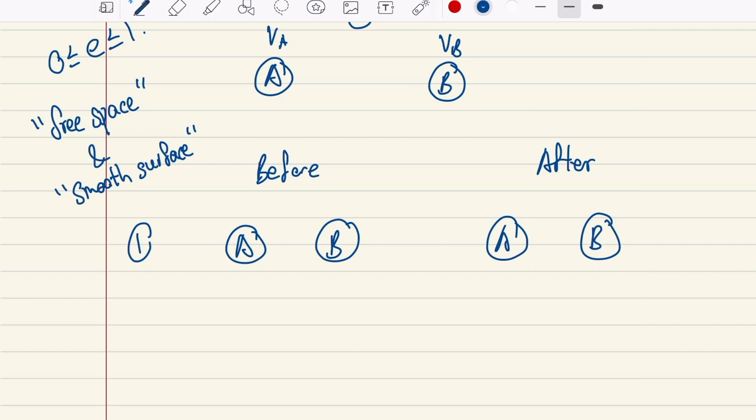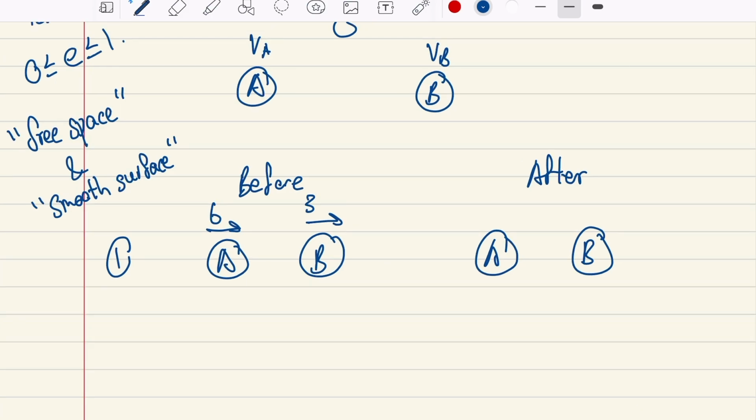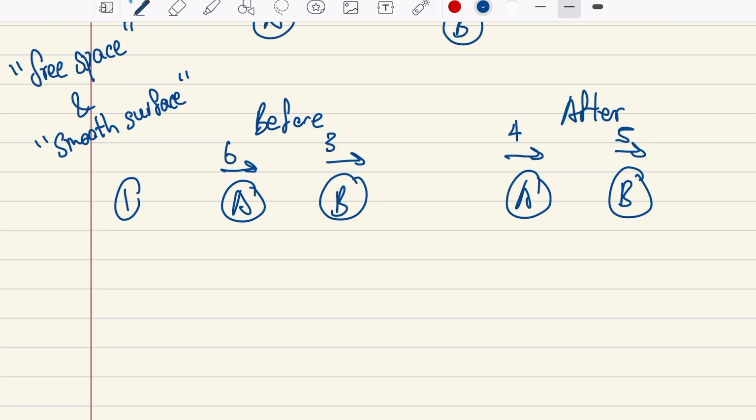Before the collision, ball A is moving with a velocity of 6 meters per second and ball B is moving in the same direction with 3 meters per second. After the collision, ball A is moving with a velocity of 4 meters per second and B is 5 meters per second. Now imagine yourself sitting on the ball with the lowest velocity, which is B.